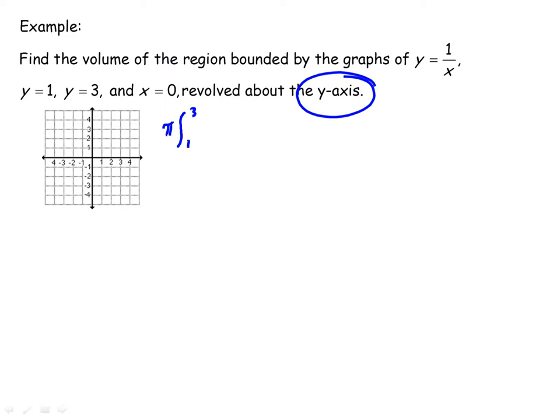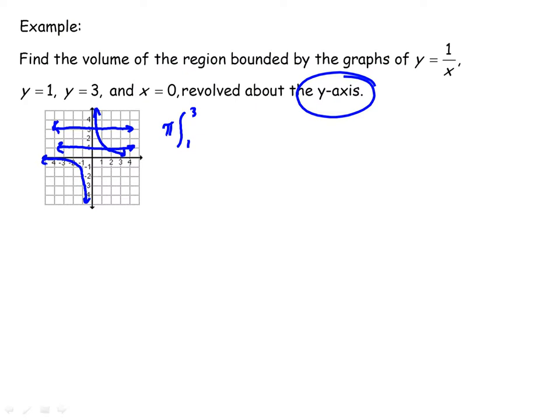Now, let's graph that and figure it out. y equals 1 over x. Do you remember what that is? We did it last week. Remember, this is your hyperbola in quadrants 1 and 3, even though quadrant 3 is not really going to matter. y equals 1 is here. y equals 3 is here.